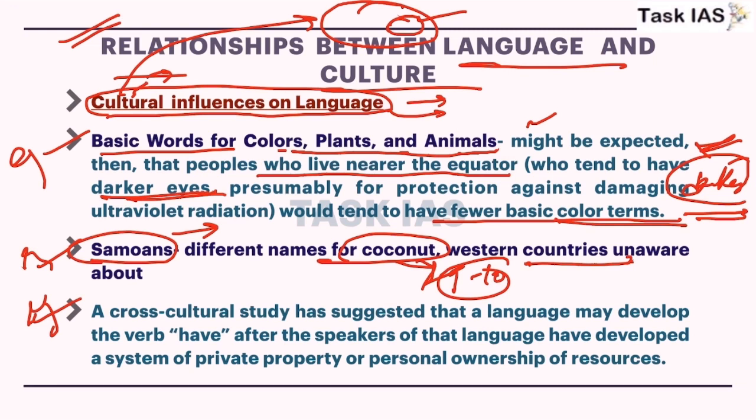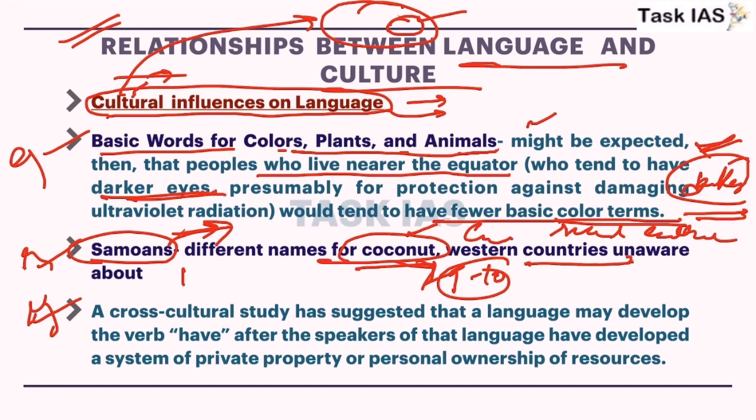So it indicates that coconut has much more importance in their commercial or economic as well as social and cultural life. Due to that importance, their language also indicates more focus on coconut. So now you can understand how culture is influencing our language pattern.